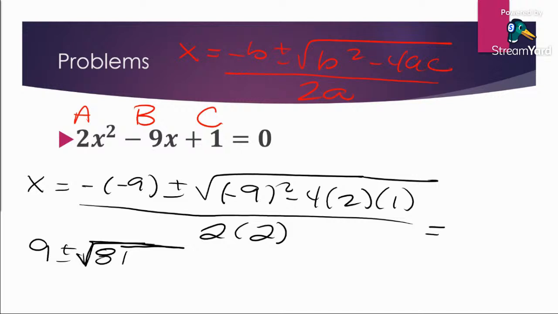What follows can be a negative or a positive. In this case, we have negative 4 times 2 times 1, which multiplies to negative 8, and all that is divided by 4.